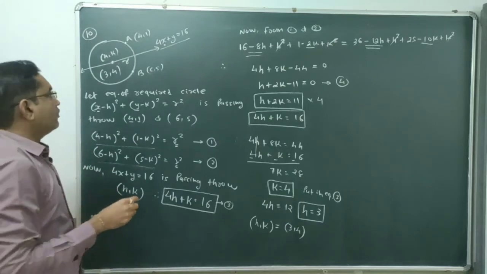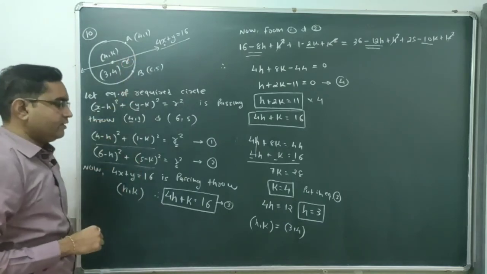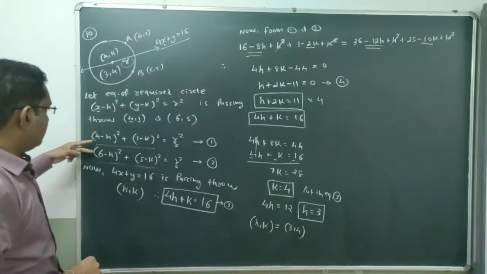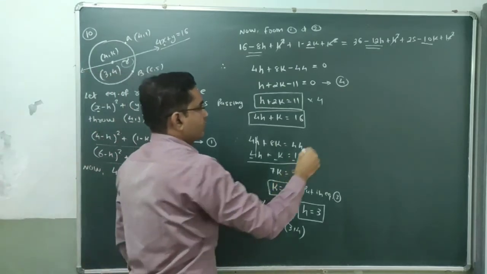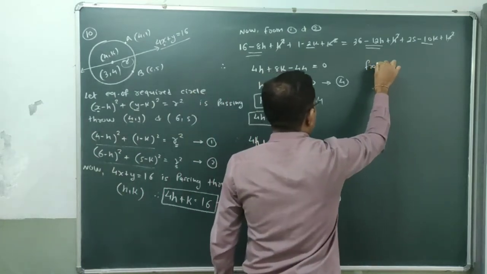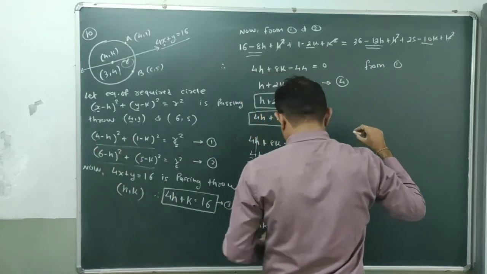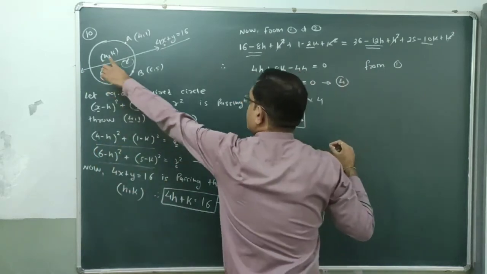Now one more value, that is the value of r, is required. So put these values of h and k in either one of the equations, 1 or 2. So put in equation 1. From equation number 1, 4 minus h, h is 3.